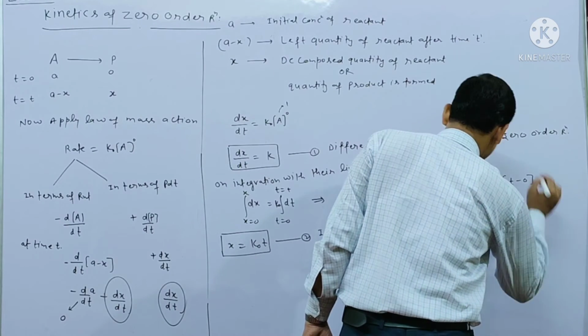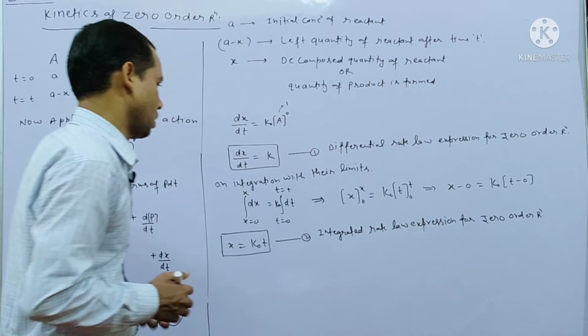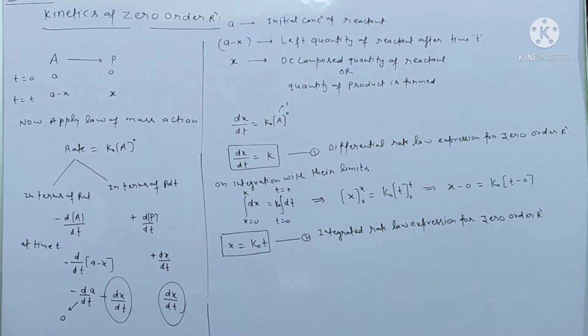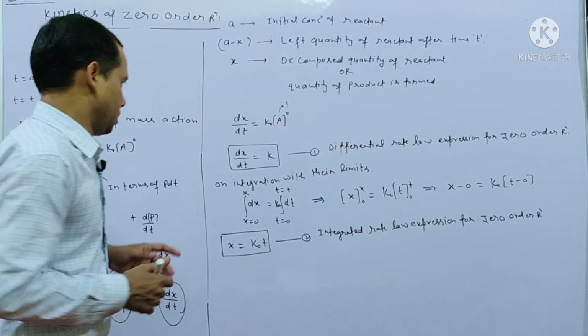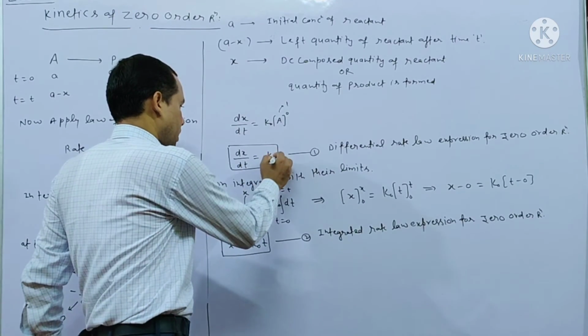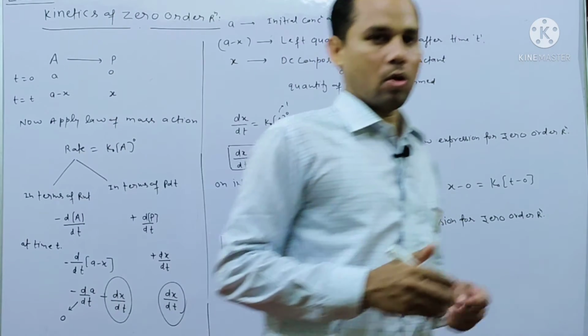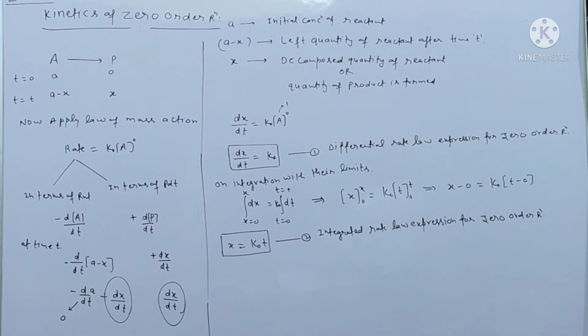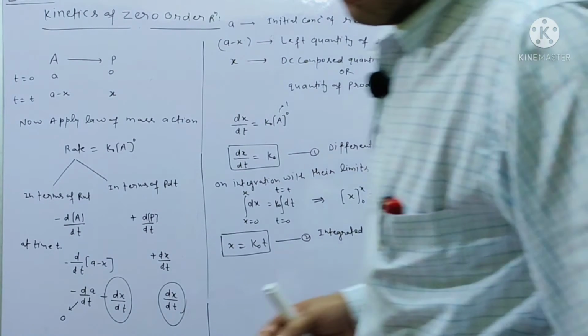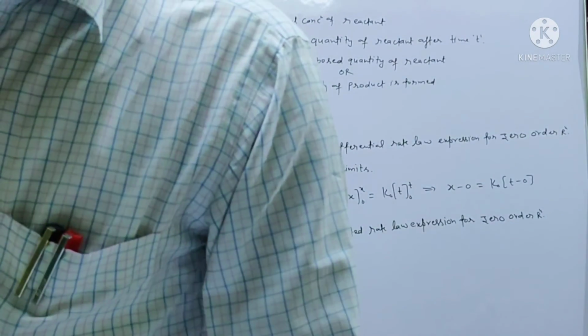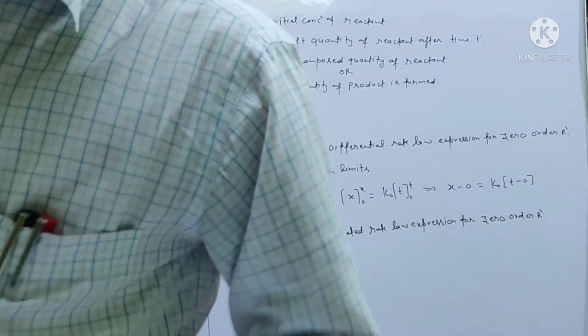So these are the two important expressions: the differential rate law expression and the integrated rate law expression. You can take a screenshot of this, and now we will discuss their half lifetimes.